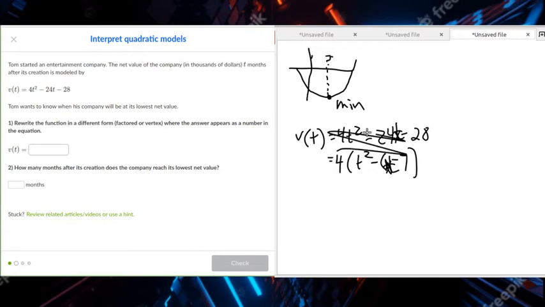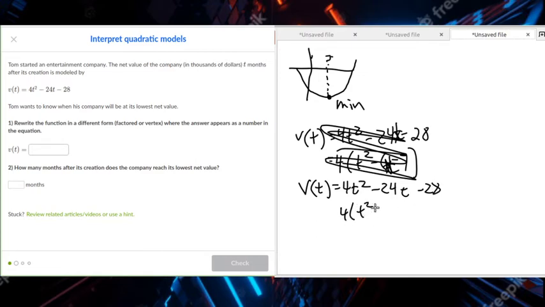Well, that's good. So v of t is equal to 4t squared minus 24t minus 28, and then we'll factor out the 4, and we'll get t squared minus 6t minus 7, and that is almost the same thing that we had last time, except there was a 2 up here. Okay, so now I'm going to work off of this and work on completing the square here.